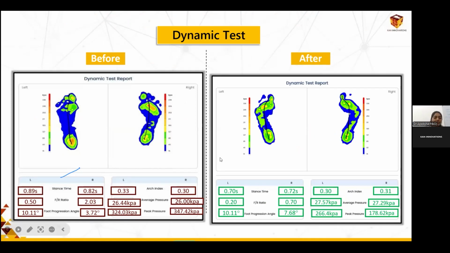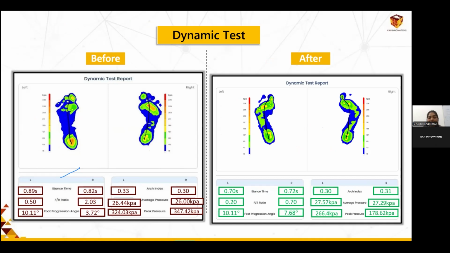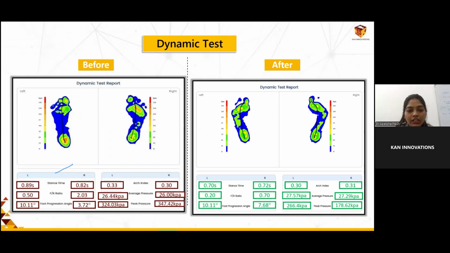Here we can see in the before case, the patient showing stance time of 0.89 seconds on the left side, and on the right side it is 0.82 seconds, which is significantly higher, and means the patient is taking time to push off. Also, the arch index is showing us the patient is having fallen arches and collapsed arches.